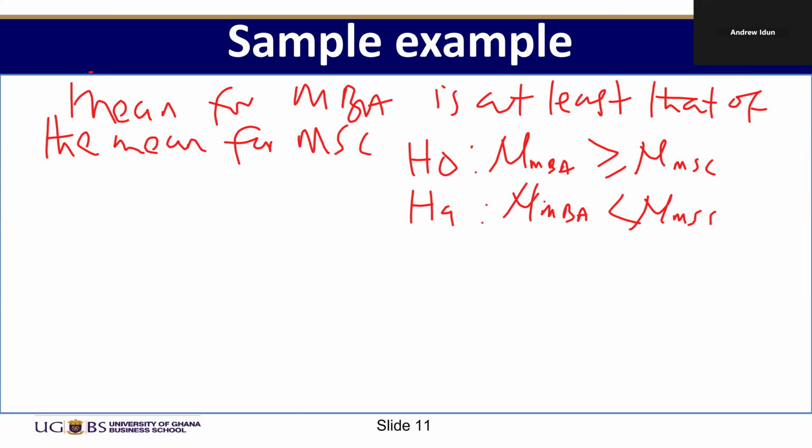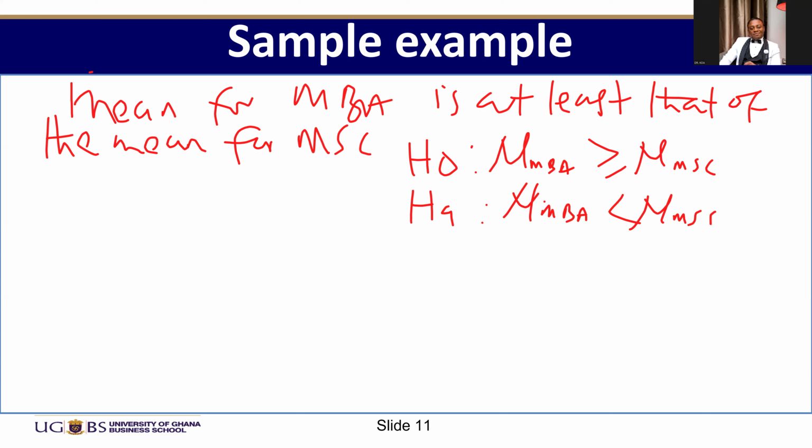The child doesn't understand this thing. All right, so this is what the child is likely to understand. We all know that these things are scores. So what this alternative hypothesis simply means is that the MSc students are smarter than the MBA students.